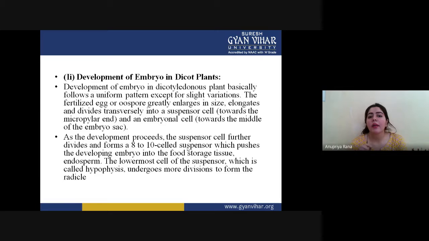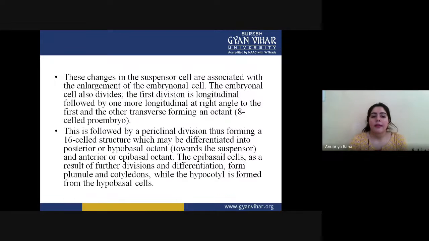Remember that the hypophysis is the place where the radicle will start forming. These changes in the suspensor cell are associated with the enlargement of the embryonal cell. The second cell, the embryonal cell, is also going to enlarge.